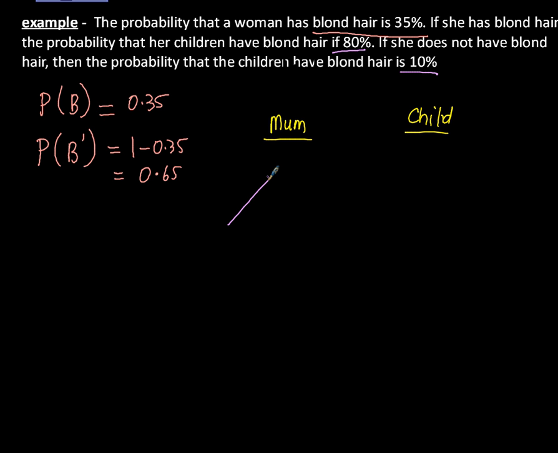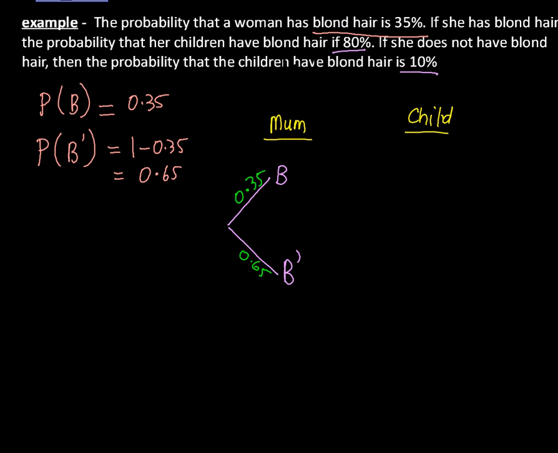We basically have 2 outcomes for the mum. She can either be blonde or she can not be blonde, complementary event. And the probability that she has blonde hair is 0.35. Therefore, the probability that she's not blonde is 0.65. All right, now let's have a look at the next branch.